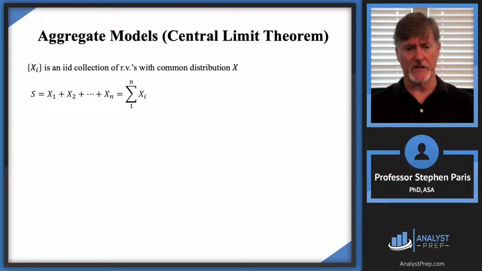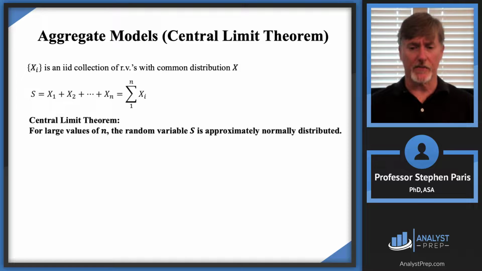The point here is that I have an independent and identically distributed collection of random variables with a common distribution capital X, but that distribution could be any distribution at all. It could even be a discrete distribution. It doesn't have to be a continuous distribution. So any distribution at all.